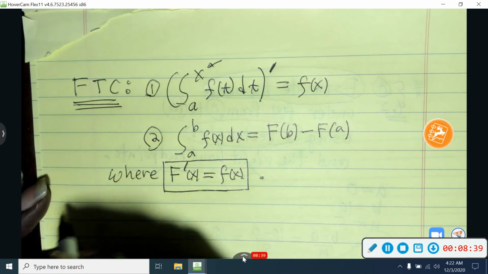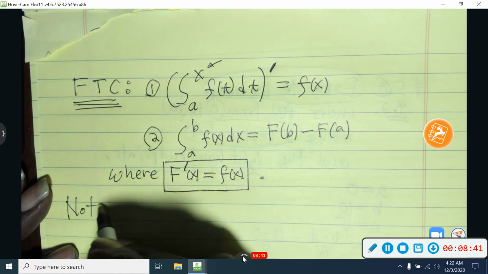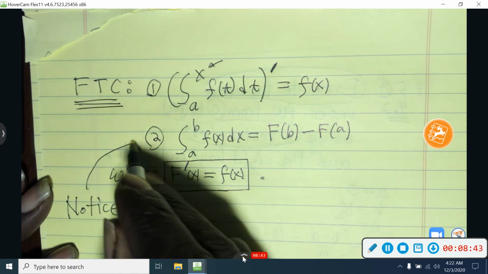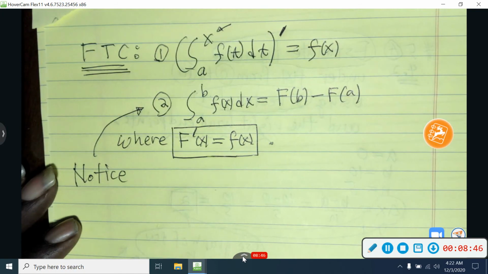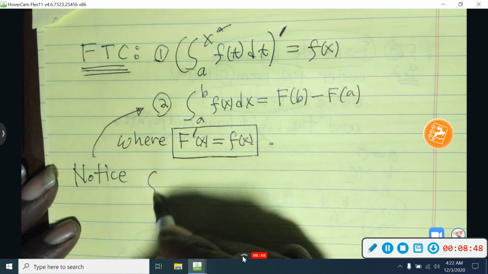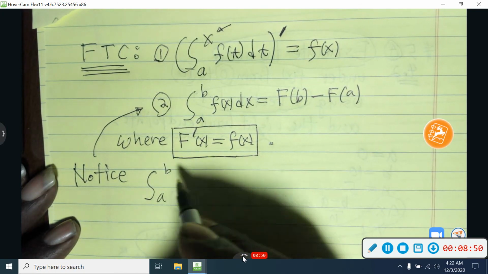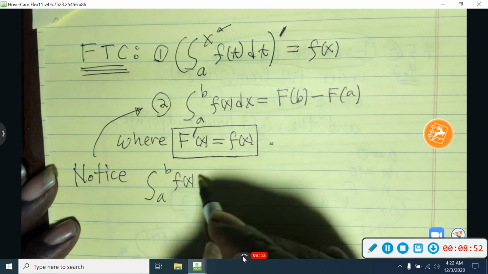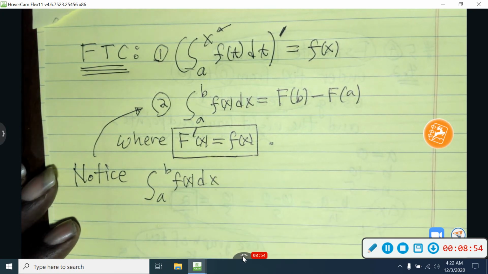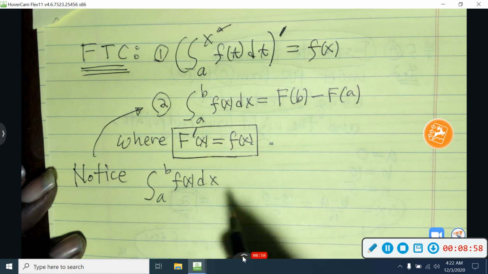Now notice this about part 2 right here. If you look at the definite integral from a to b of f of x, and if f is always above the x-axis, then this is the area under this function f.